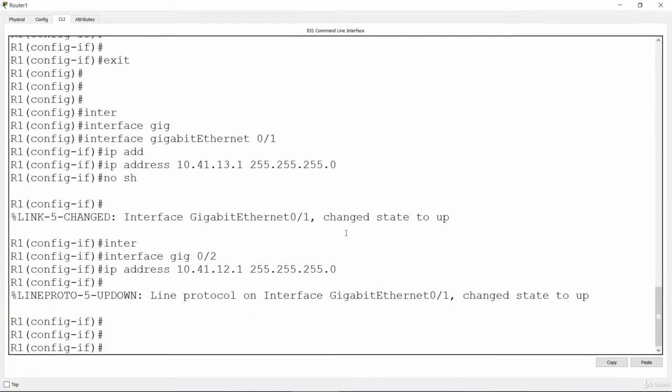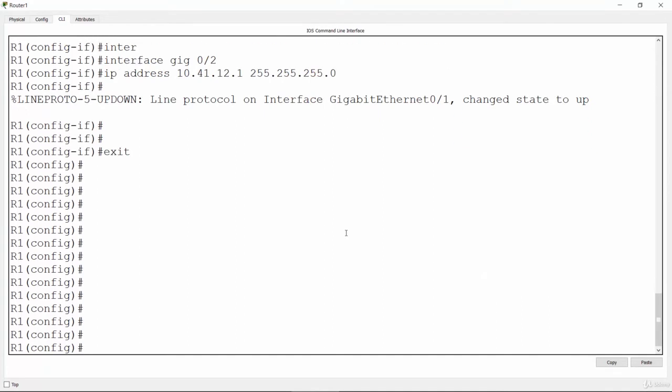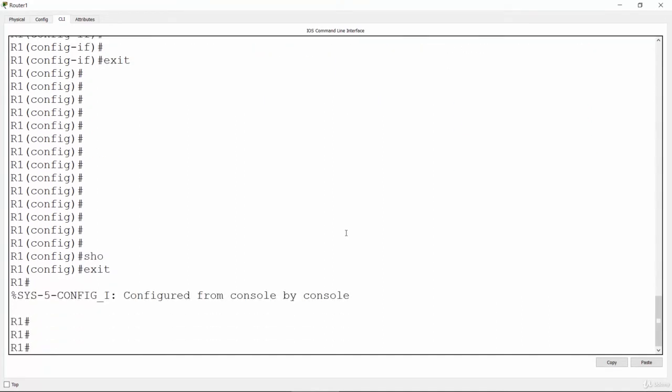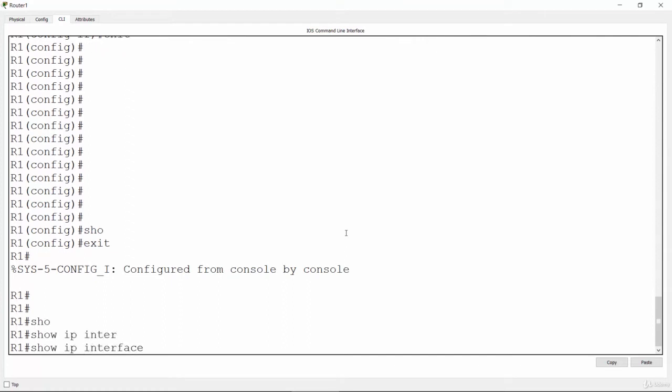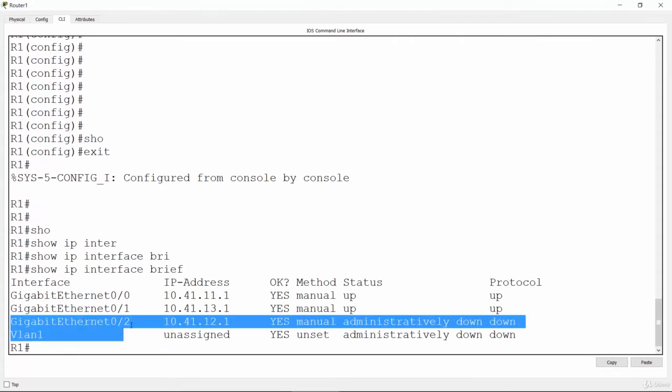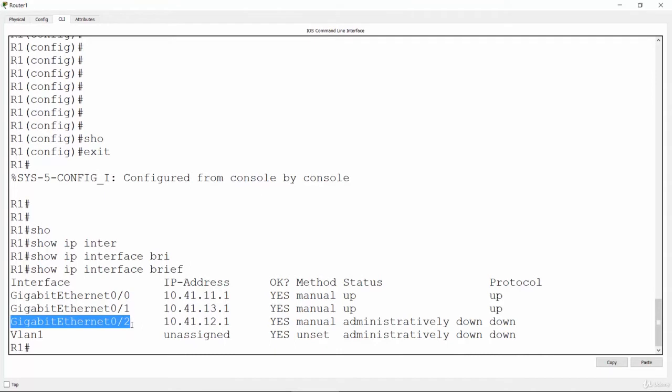Please remember that to verify the interface configuration, I'm using the show ip interface brief command. And as you can see, for Gig0/2, I have a problem.